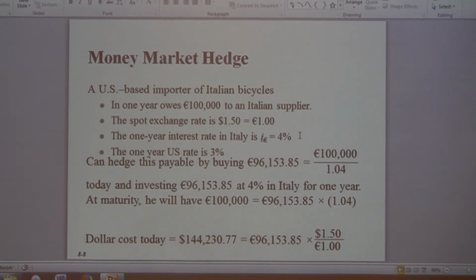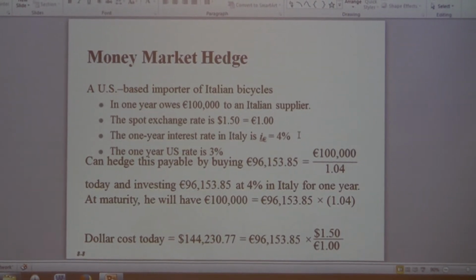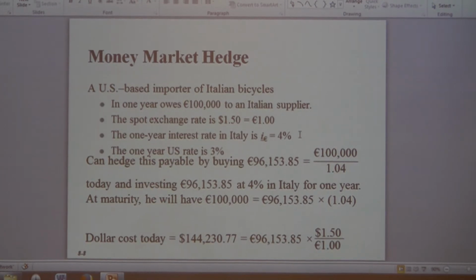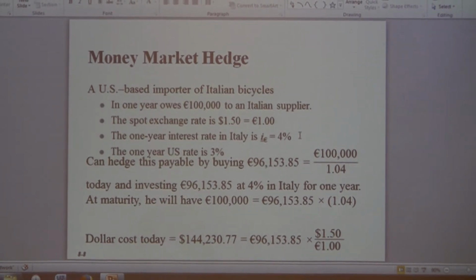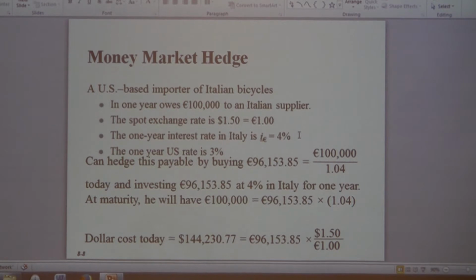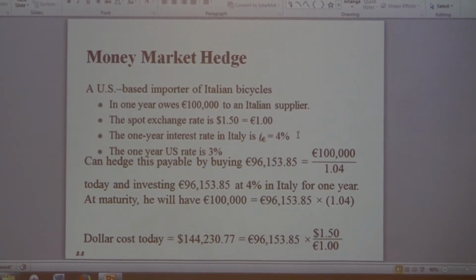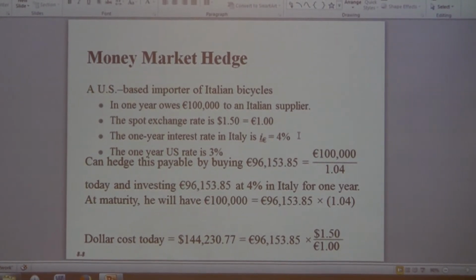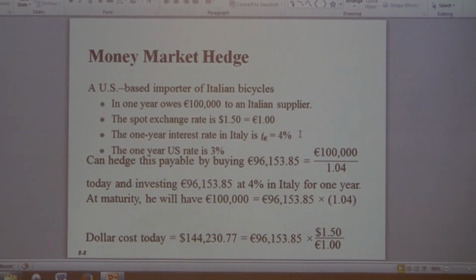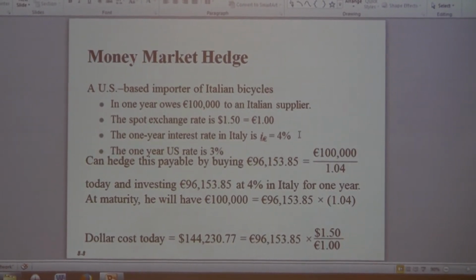And the last step is, if you are asked for future value dollar cost, that would be 144,230.77 times 1 plus i US. Okay.